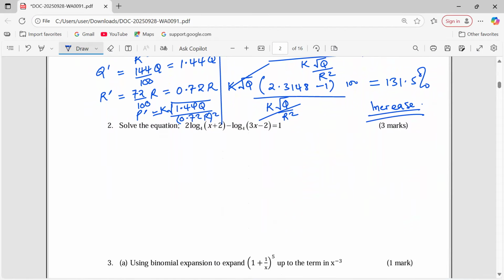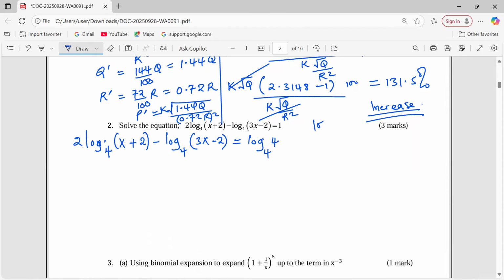Solve the equation 2 log of x plus 2 base 4 minus the log of 3x minus 2 base 4 equals 1. Because of the constant on the right hand side, we can just introduce logarithm to base 4 and say 2 log to base 4 of x plus 2 minus the log to base 4 of 3x minus 2 equals the log of 4 to base 4.